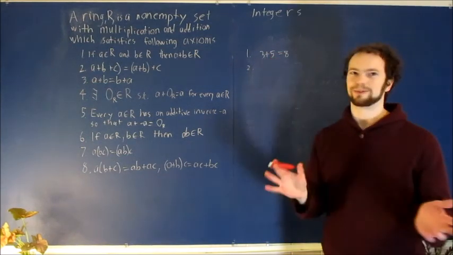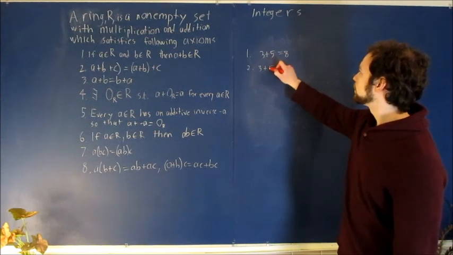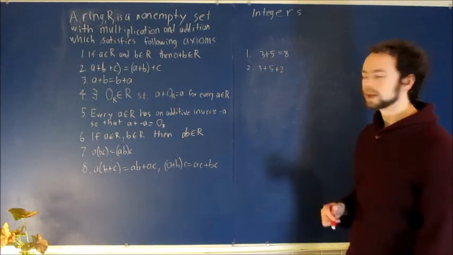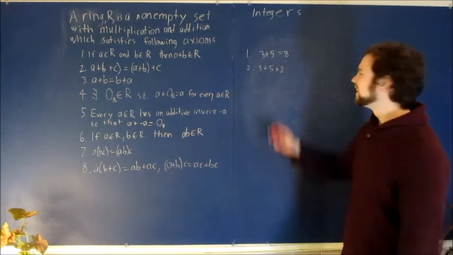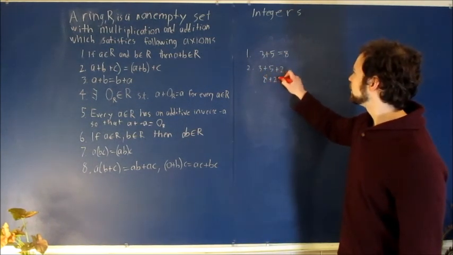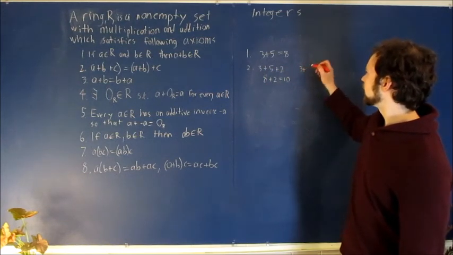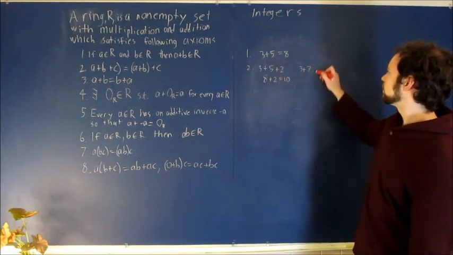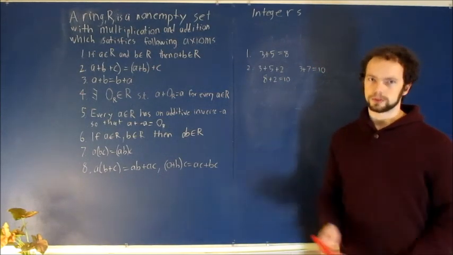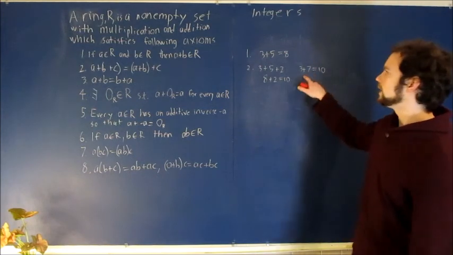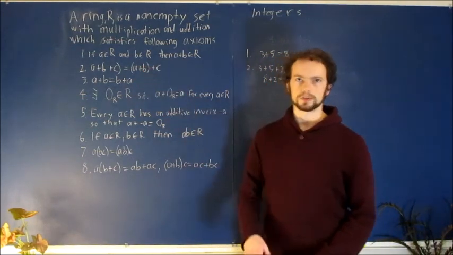You can test this out with numbers again just to convince yourself, but if we have 3 plus 5 plus 2, and you're questioning, well, should I do 3 plus 5 first, and then get 8 plus 2 equals 10, or should I do 5 plus 2 first and then get 3 plus 7? Oh, look, that also equals 10. So the answer is it doesn't matter which 2 you do first, right? So the integers clearly satisfy condition 2 here.